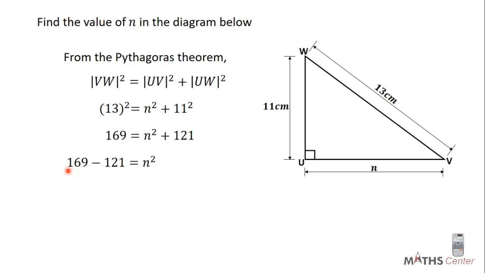You group like terms, you have 169 minus 121 is equal to n squared. This will give us 48 is equal to n squared. You take the square root of both sides and n is equal to 6.93 centimeters. So using the Pythagoras theorem, you have been able to find n to be 6.93 centimeters.